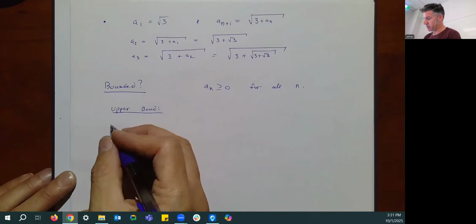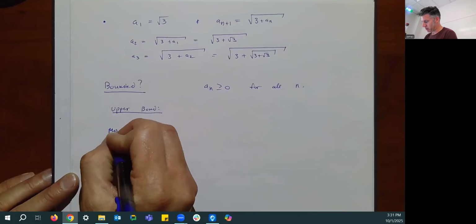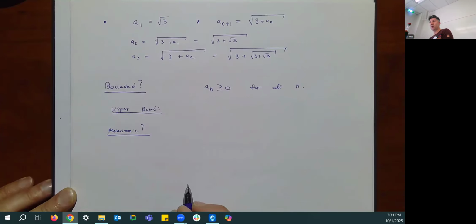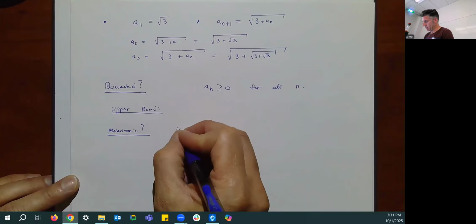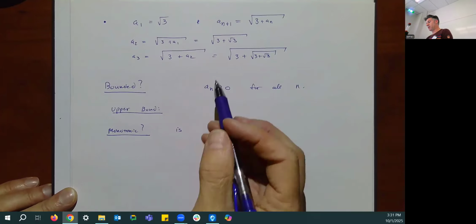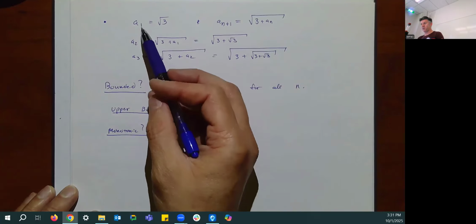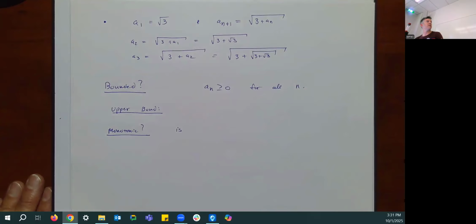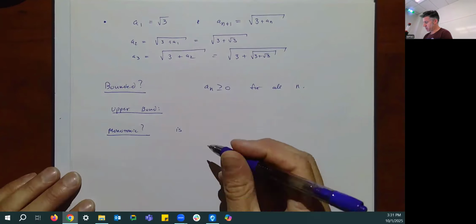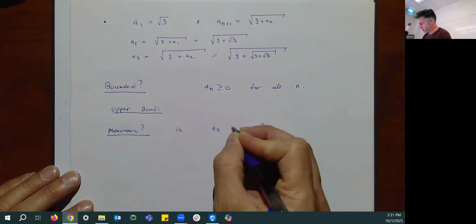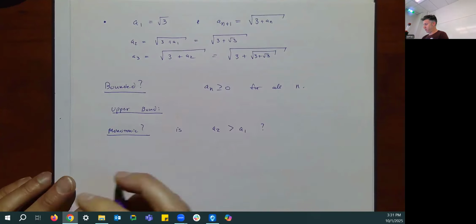The other question is: is it monotonic? First of all, does it look like the second term is bigger than the first term or vice versa? Is a sub 2 bigger or a sub 1 bigger? A sub 2 is definitely bigger than a sub 1 for sure.